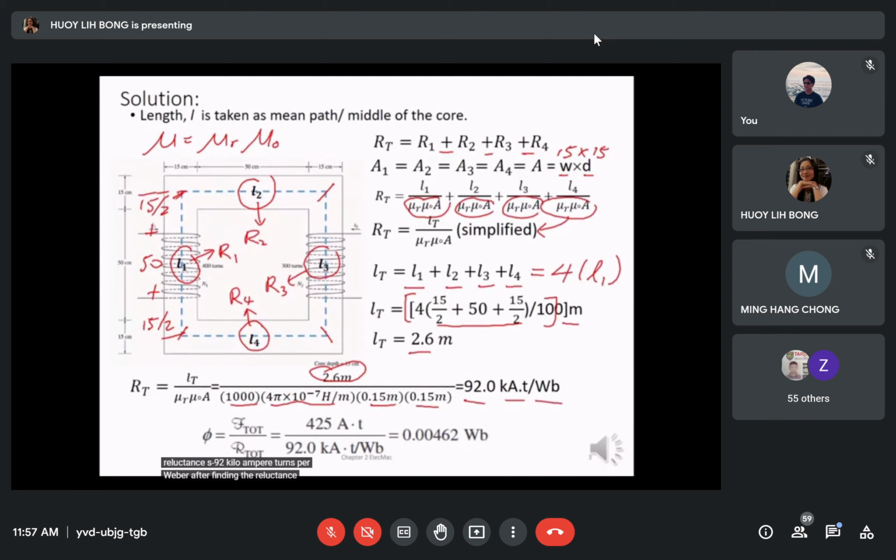After finding the reluctance, we can substitute in to find the flux, where is equal to the MMF divided by the reluctance, in which we will get 4.6 milliweber.